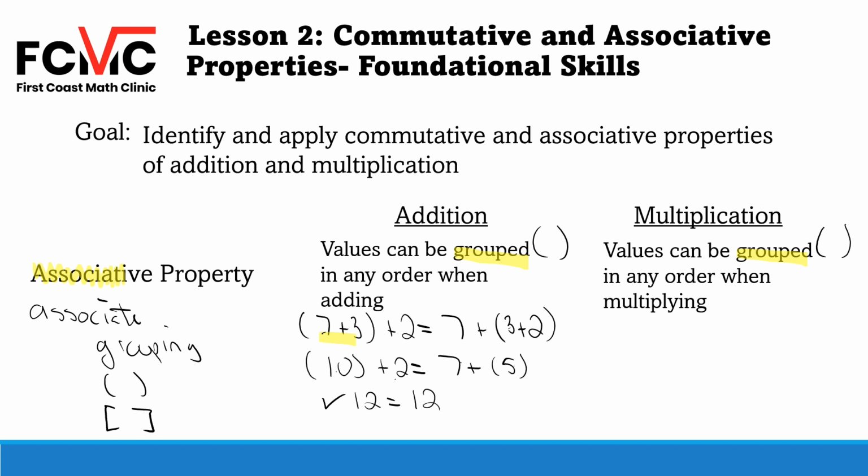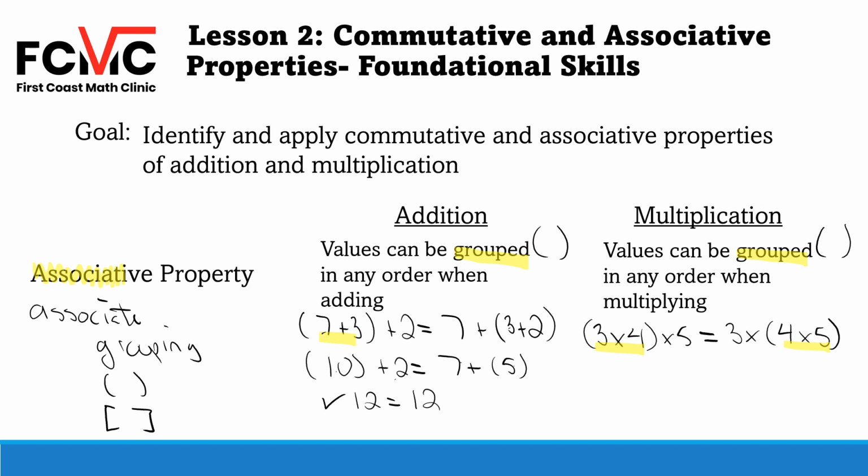And in terms of multiplication, let's say we have in parentheses 3 times 4, close parentheses, times 5 equals 3 times parentheses 4 times 5, close parentheses, right? So our grouping changed. On the left side, we've got 3 times 4 in parentheses. On the right side, we have 4 times 5 in parentheses.